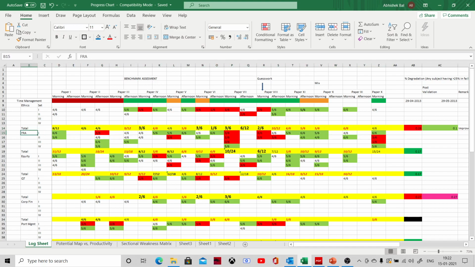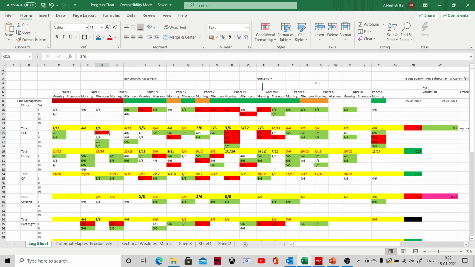Similarly, for the FRS section, again the same thing: 6 upon 6 in the first paper's first item set, and again for the second item set, 5 upon 6, which means that there were 2 FRA item sets in paper 1 of the Schweser mock, and I scored 11 out of 12. Okay. Similarly, in paper 2, there were 4 item sets, and I scored 18 upon 24, all put together.